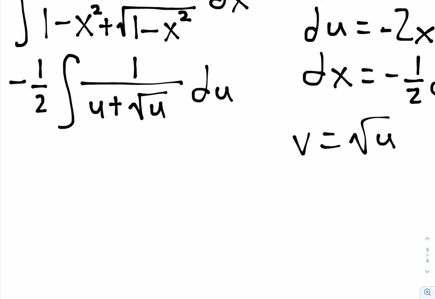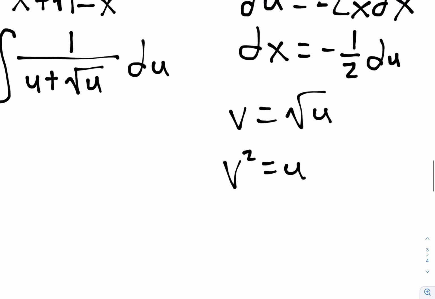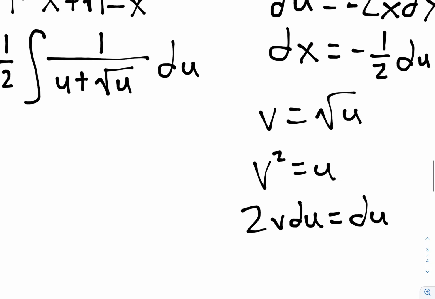Actually, instead of differentiating it right away, let's square both sides. So v squared equals u, right? Because both sides squared, we're going to get u on the right, v squared on the left. So now if we differentiate both sides, we're going to get 2v dv equals du. And we'd get the same thing if we differentiated this right away, but it's easier just to square it first. Okay.